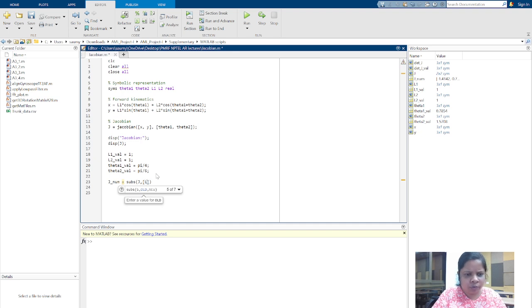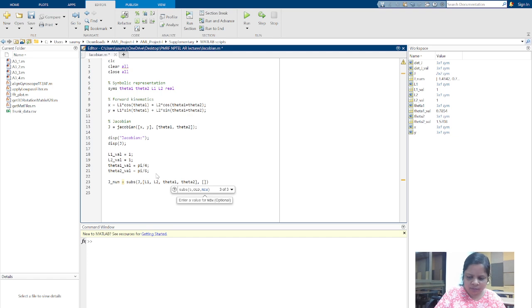In the first row, we want to substitute L1, L2, and then theta 1 and theta 2. So these are the values which we want to substitute. And we want to substitute with what?